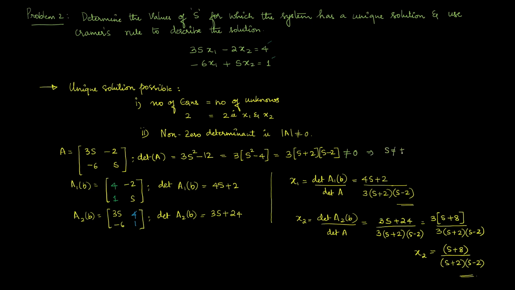So I can write this as s is not equal to plus or minus 2. So hence we have found the values of s, which means that s is not supposed to be equal to plus or minus 2, and also we have solved this numerical to determine the values of x1 and x2 using Cramer's rule.